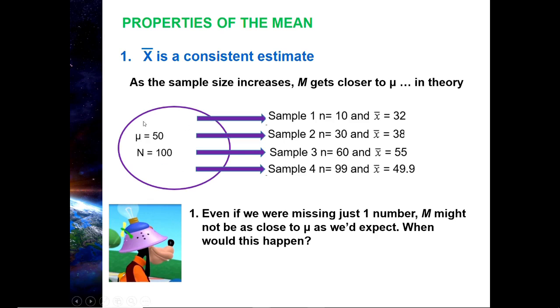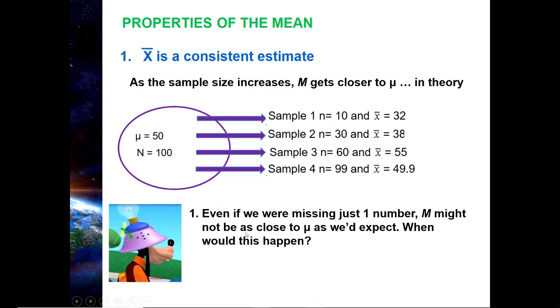In the population, all the scores are between 1 and 10, except for one specific person who has a score of 1,000,000. What if that person was the one person that you didn't get in your sample? Then you would have an X bar that was very different from the population mean. And it's all because the one score you happen to miss was the one outlier.